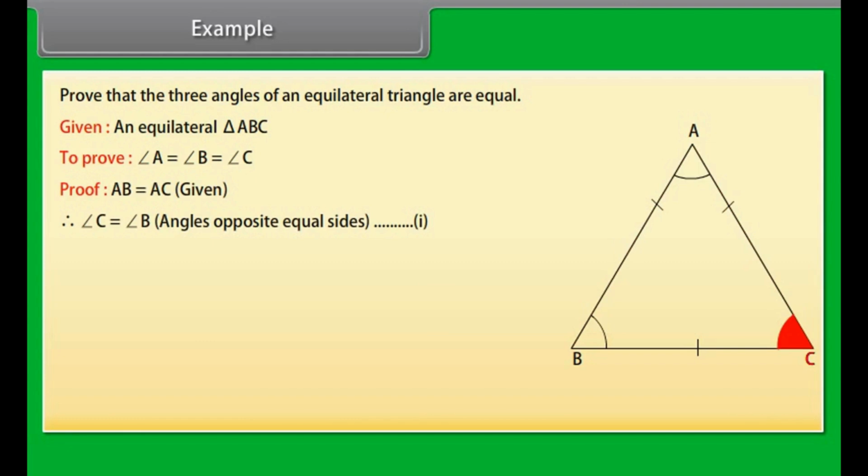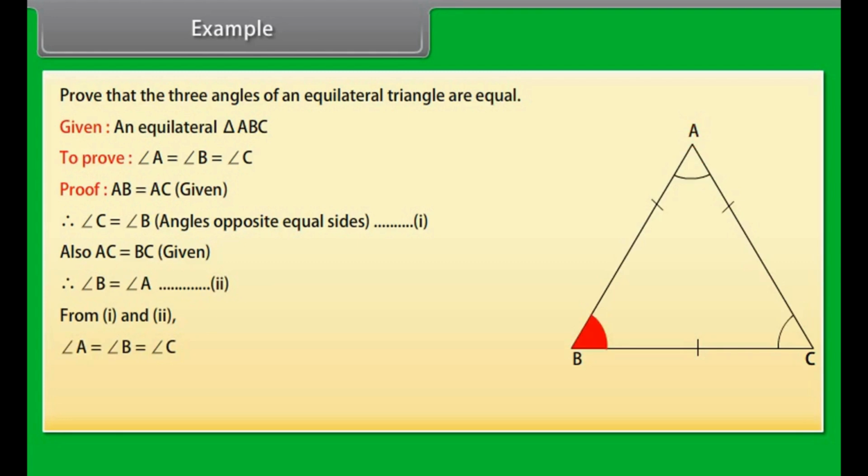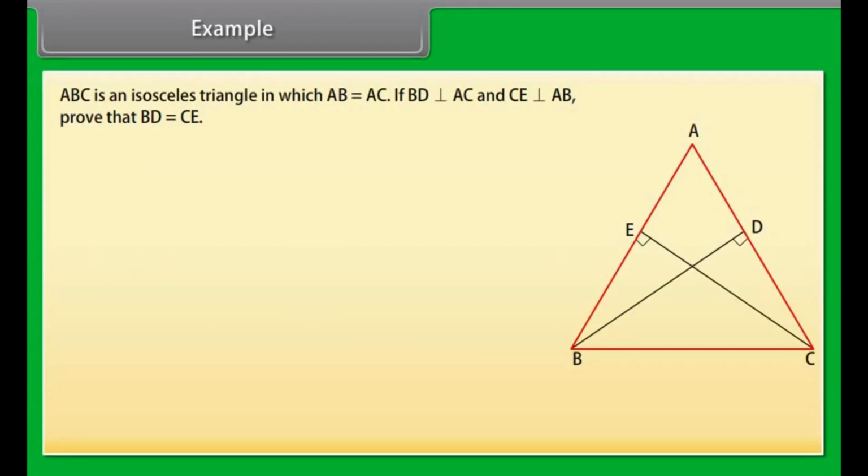Therefore, angle C is equal to angle B because angles opposite equal sides are equal. Mark it as 1. Also, AC is equal to BC, given. Therefore, angle B is equal to angle A. Mark it as 2. From 1 and 2, angle A is equal to angle B, which is equal to angle C. Hence the result.